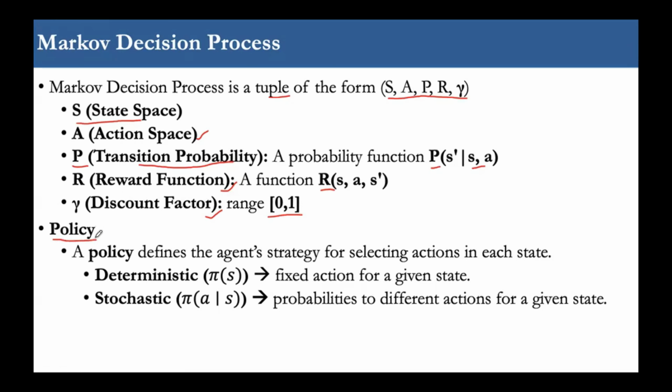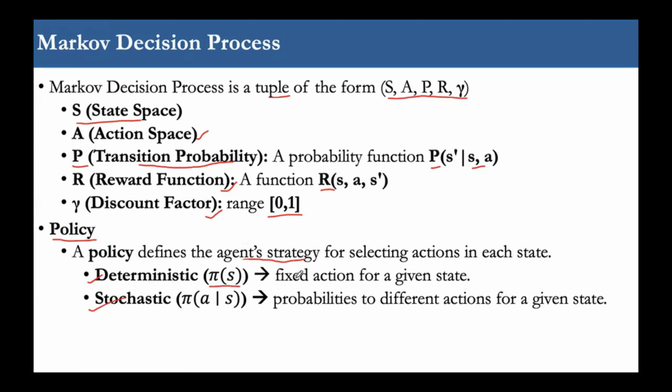The next concept in MDP is policy. What is a policy? The policy defines the agent's strategy for selecting actions in each state. This policy can be either deterministic or stochastic. The deterministic policy is represented as pi of s.